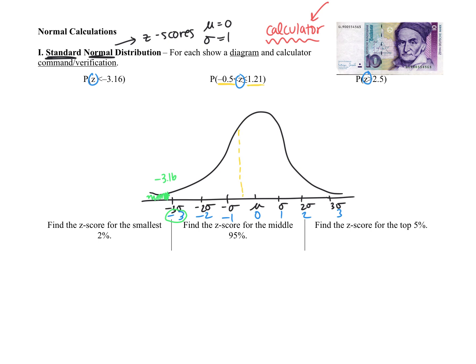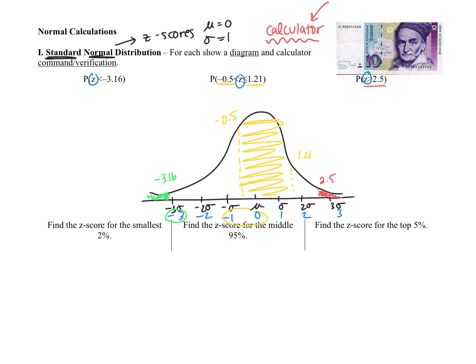So -0.5, again, looking at these blue numbers, is about here, and 1.21 is about here. So we're looking for this probability, that area. And then the last one, z is greater than 2.5, so that's about here, and we're looking for bigger than that. Okay, so these are the 3 things that we're going to look for.